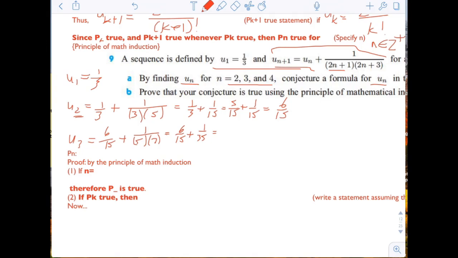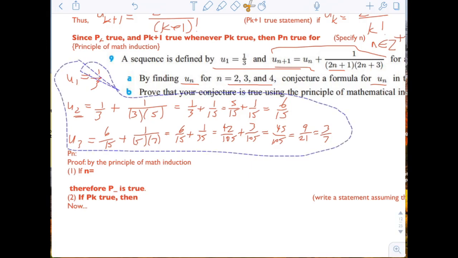So how many times does 15 go into 105? Like 7 times. So 42/105 plus 3/105. So it'd be 45/105. You could have a common factor of 5 in this case, so it'd be 9/21, and that's equal to 3/7.